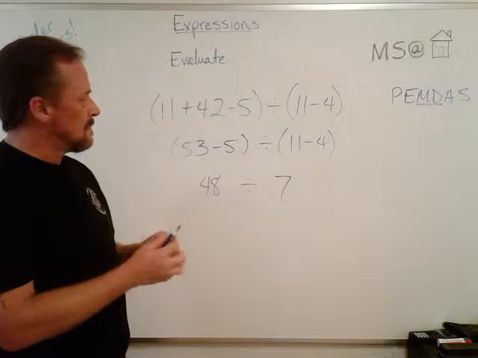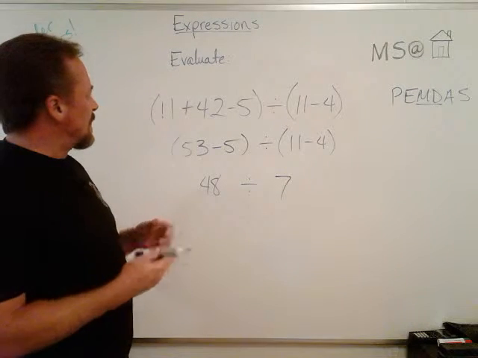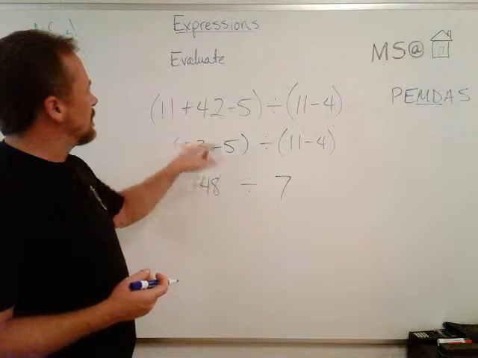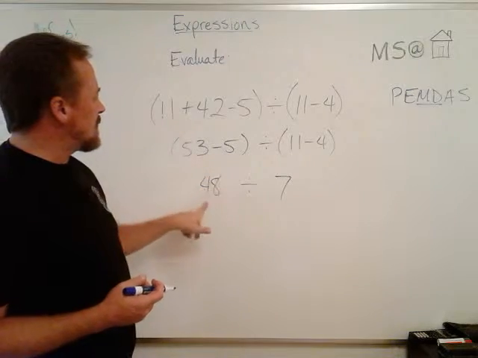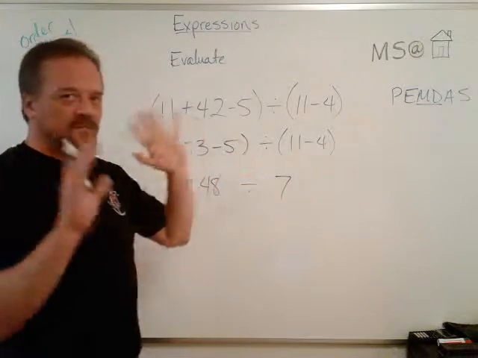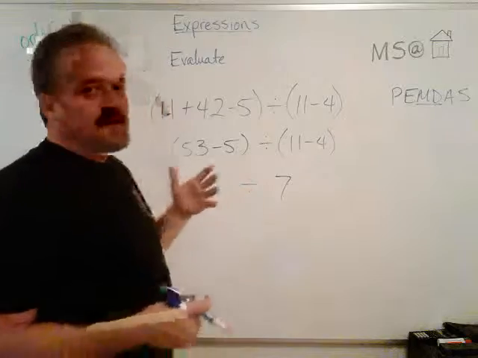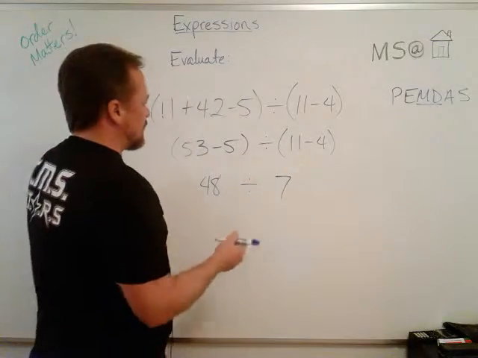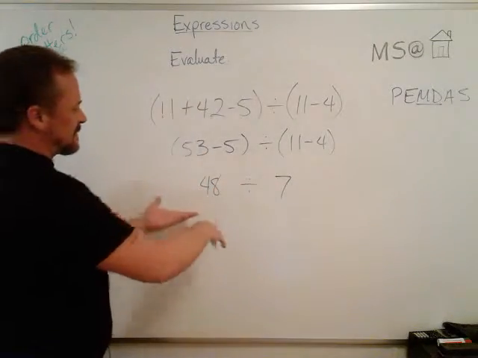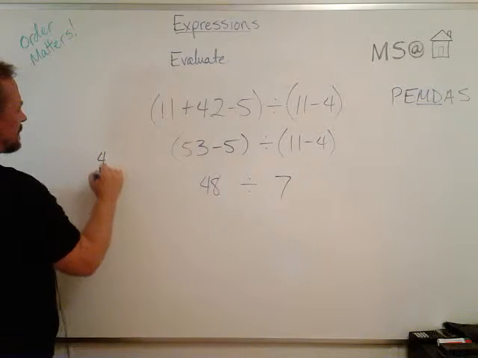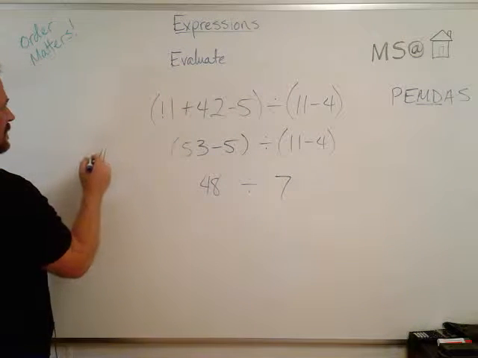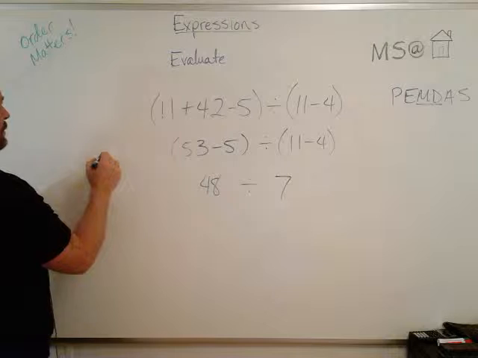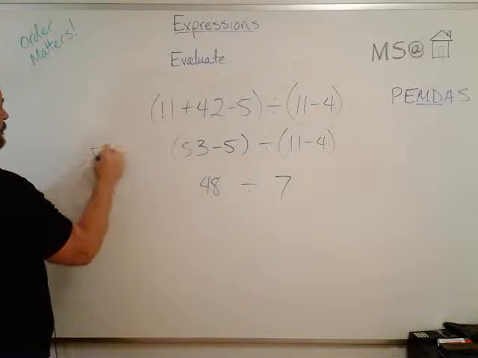Okay? Let me check my math real quick. That's 48. 11 minus 4 is 7. Good. So I have one more operation left. If it's the only one left, then I'll just do it. I know 7 doesn't go into 48 nice and cleanly, so I'll do it like this.